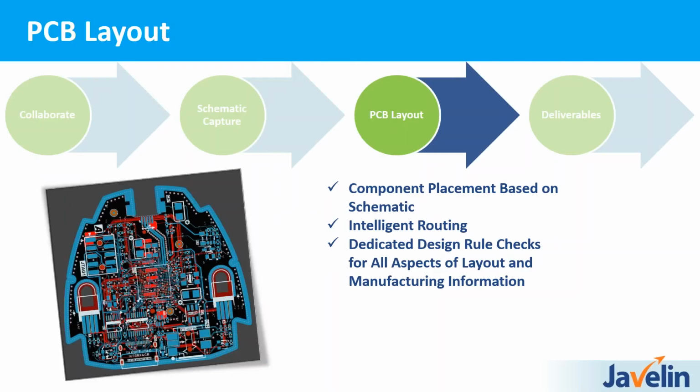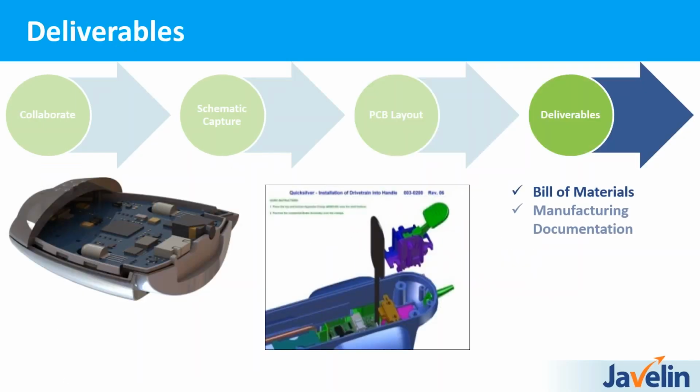So while that's doing that in the back, we'll quickly recap the deliverables. So bill of materials, manufacturing documentation, assembly documentation, be it pick and place or Gerber files and such. Overall, it gives you quality from start to finish throughout your design review, and ensures you have just a checklist to make sure your work comes to closure.